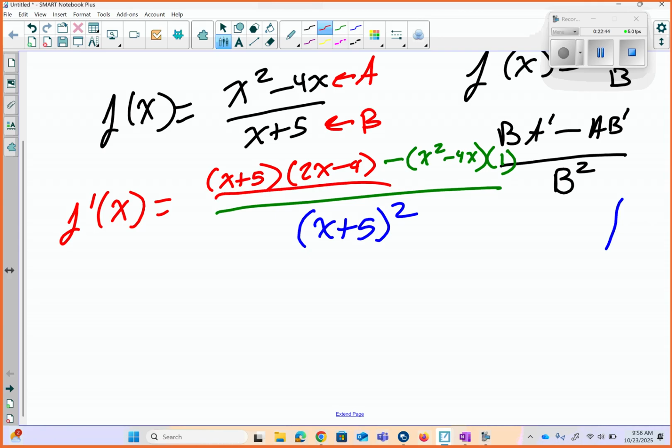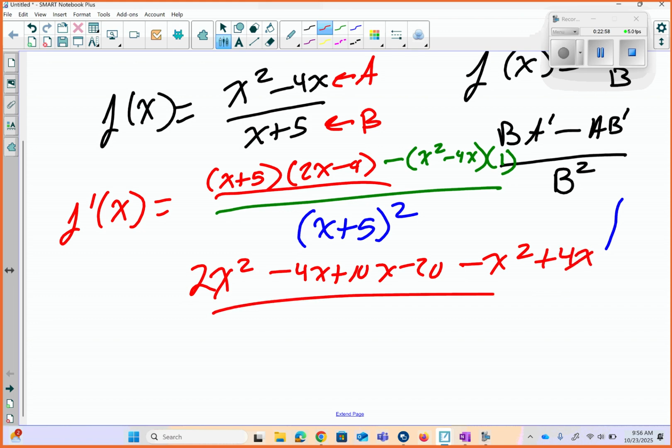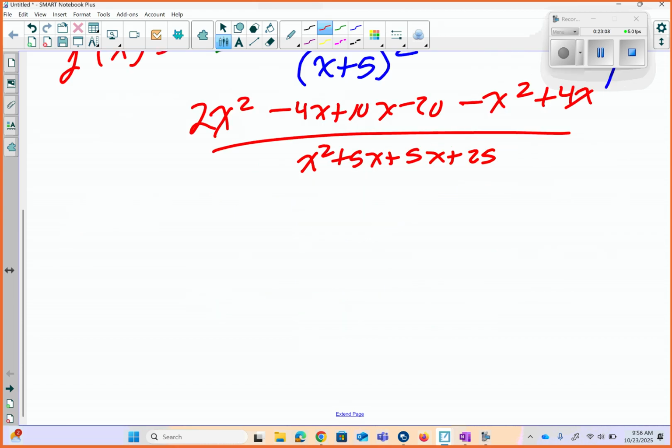So I'm going to FOIL this out. It's going to get me 2x squared minus 4x plus 10x minus 20. I'm going to distribute negative 1 over that, so I get minus x squared plus 4x. And then the bottom is x plus 5 times x plus 5, which is x squared plus 10x plus 25. Start cleaning it up.